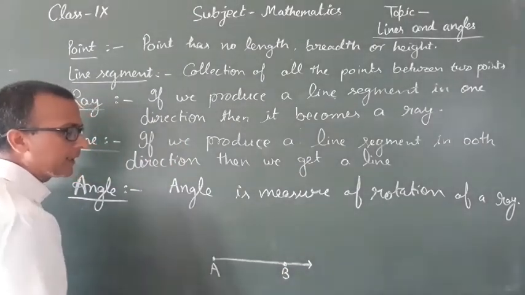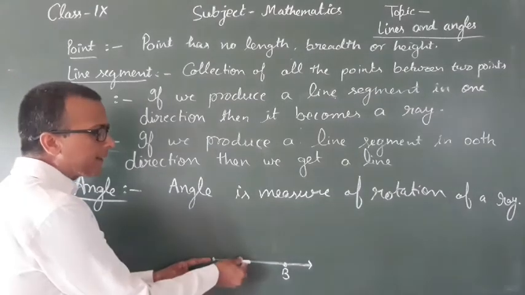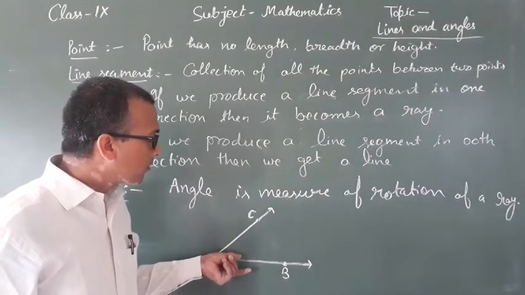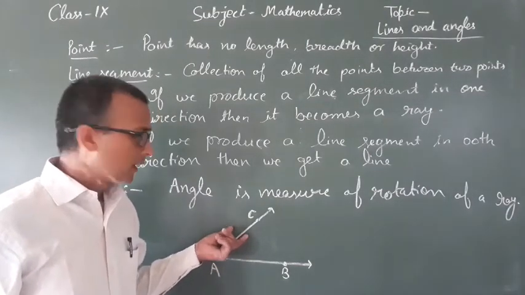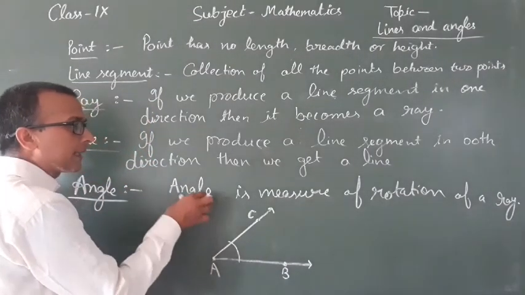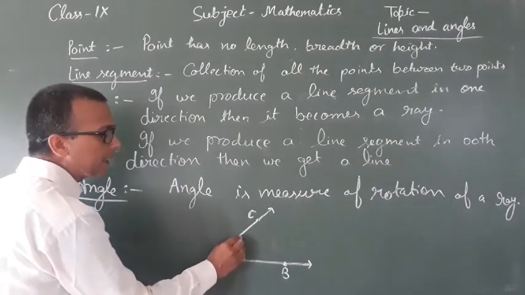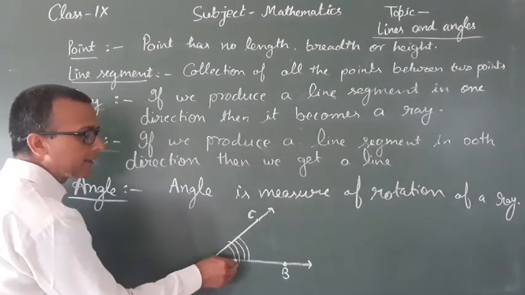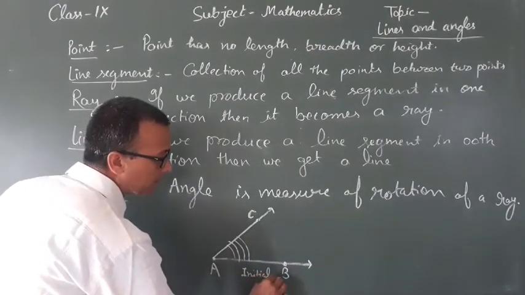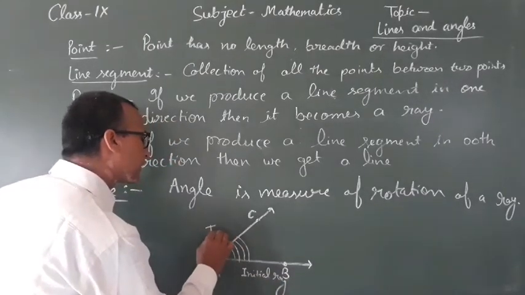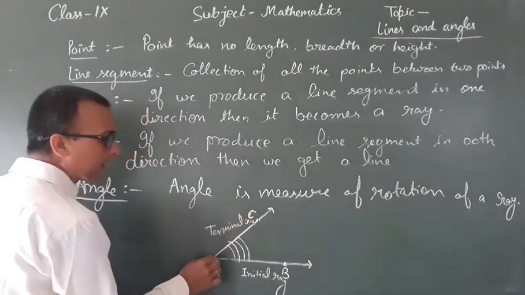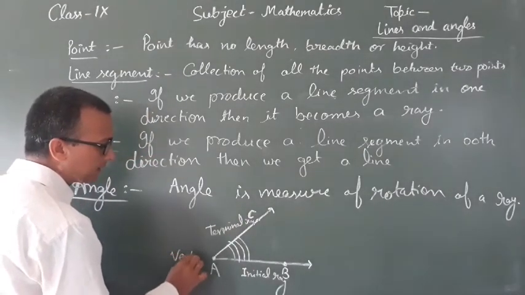Its initial point is A, and if it is rotated, after rotating it goes to AC. Then if we measure the rotation of the ray, this is called an angle. This is the initial ray and this is the terminal ray. And point A is called the vertex.